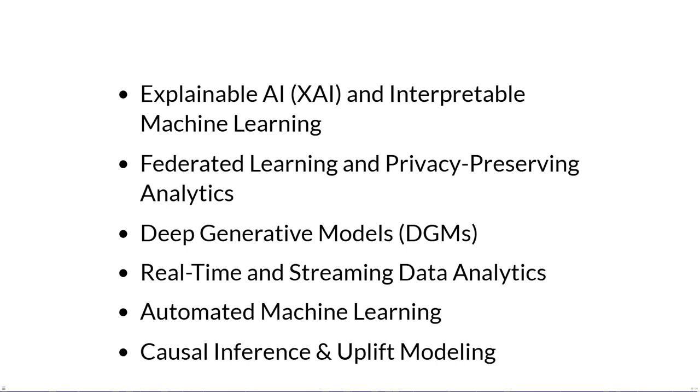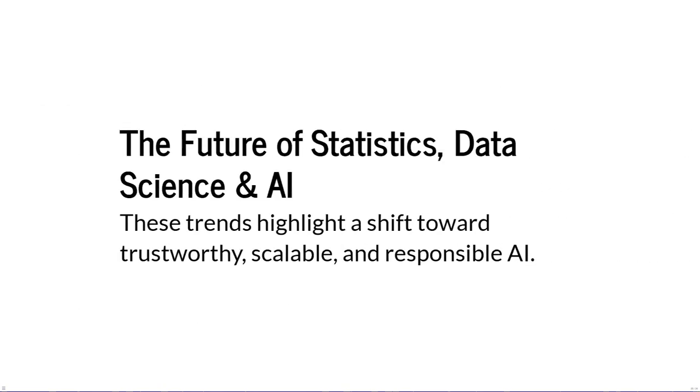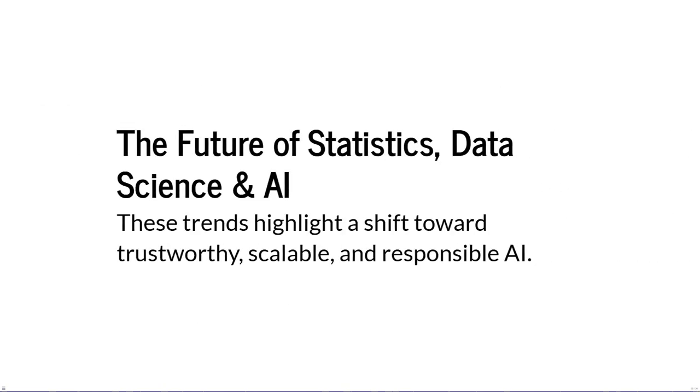For example, who is most likely to respond to a marketing campaign? So these are some of the trends in the field. There are many more. The future of statistics, data science, and AI. These trends highlight a shift towards trustworthy, scalable, and responsible AI.